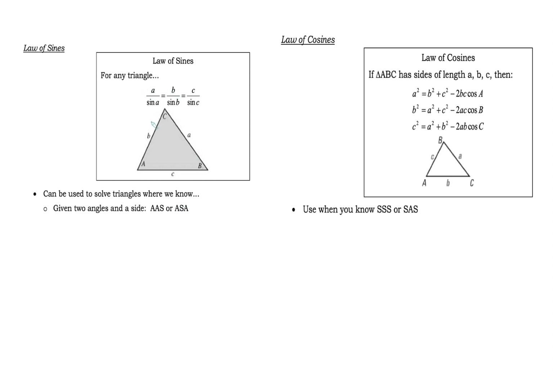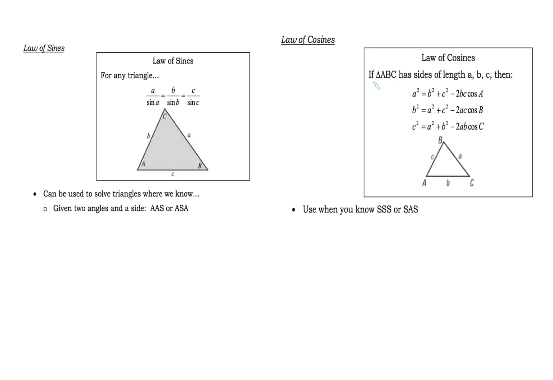You might be wondering, do I have to use all three? The answer is no. We don't know which angles they're going to give you. They could pair A with B, or B with C, or A with C. So many possibilities, but remember, they are all equal to each other.